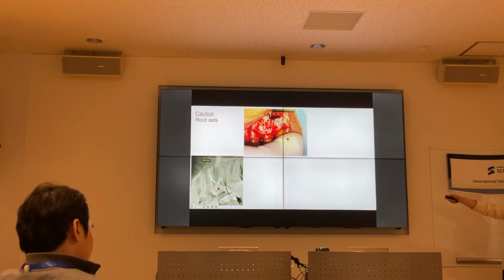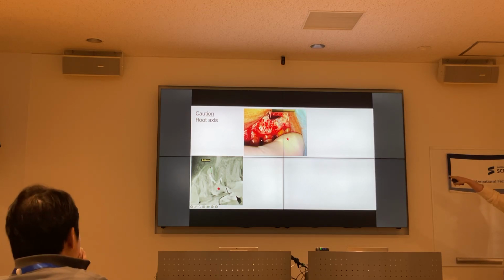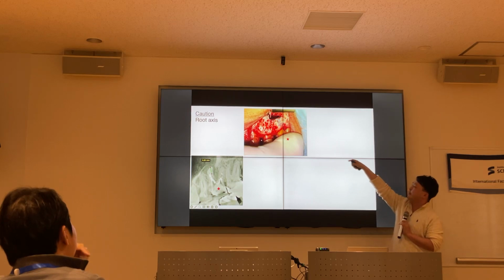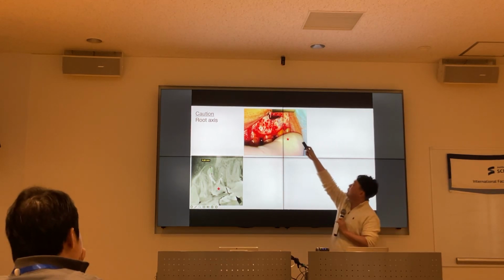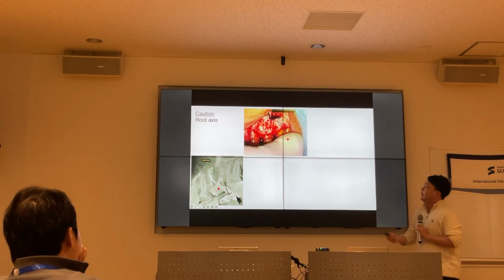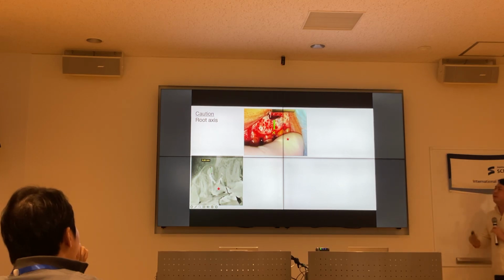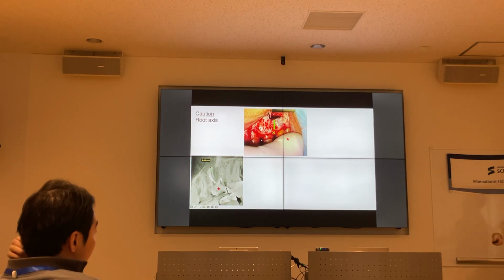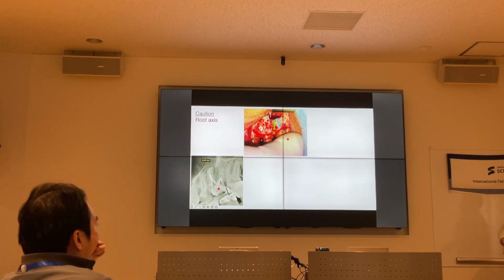This is an operating movie. This red star is the surgical site, and here is the bone defect. If I prepare the retrograde cavity along this green line, the preparation may perforate into the root canal, so it is good to follow the blue line.